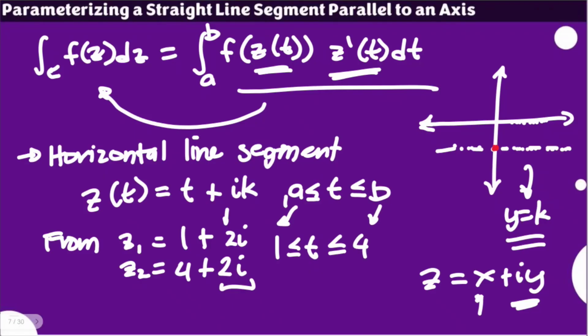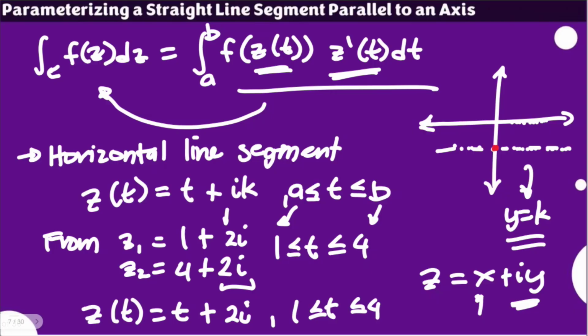With this, the parametric form is obviously equivalent to z(t), which is t, still t at this point, plus 2i, where t goes from 1 to 4. So that is your z(t).